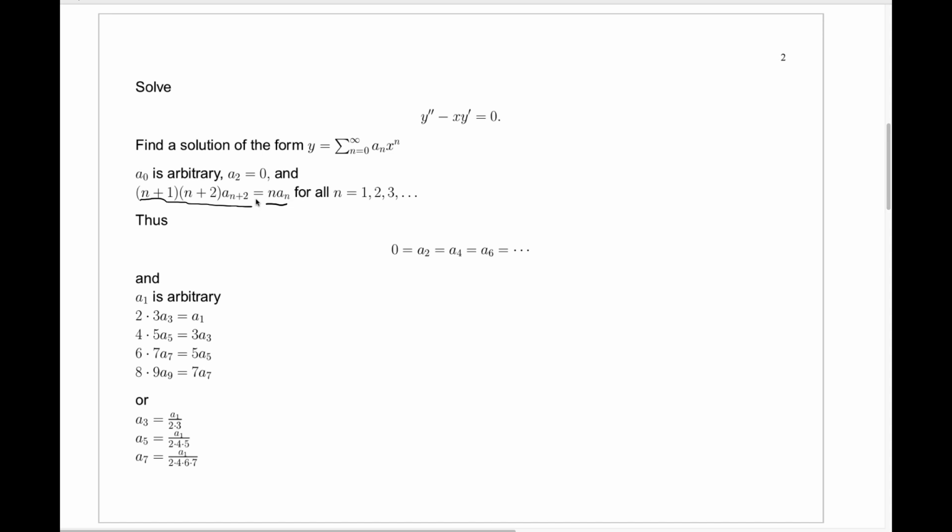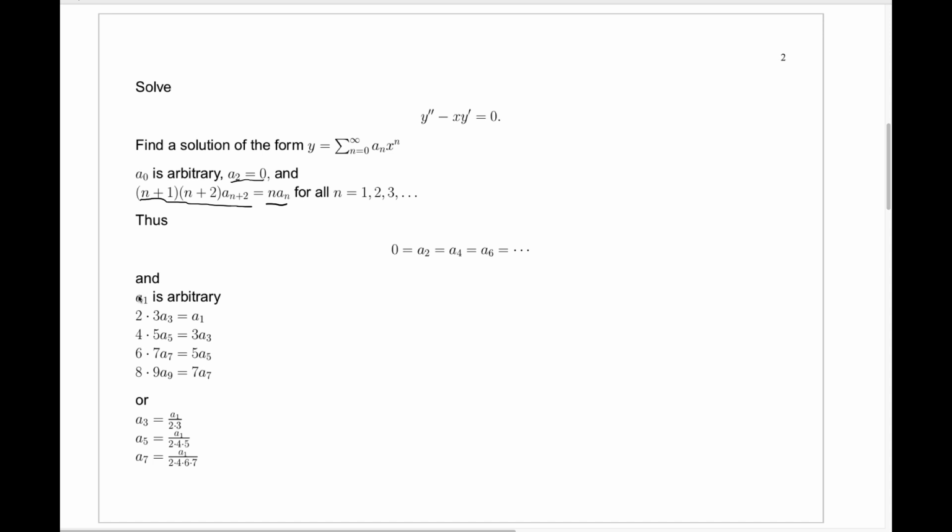And if a6 is 0, that tells you a8 is 0, etc. So the fact that we had a2 equal to 0 and this recurrence relation that tells us how the subsequent coefficients depend on the earlier ones tells us that all the even index coefficients must be 0.